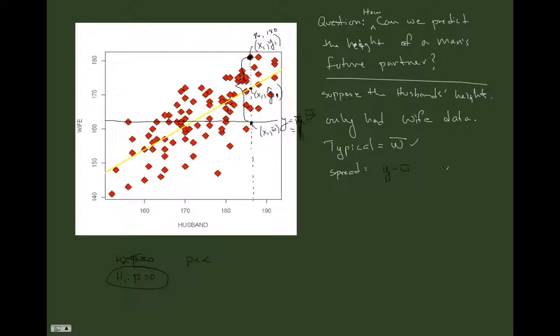I'll use w bar because I want you to really see that w bar is the average of the women's heights. The first deviation is just the observed value minus w bar. That's the total deviation from the average up to the actual observed value.